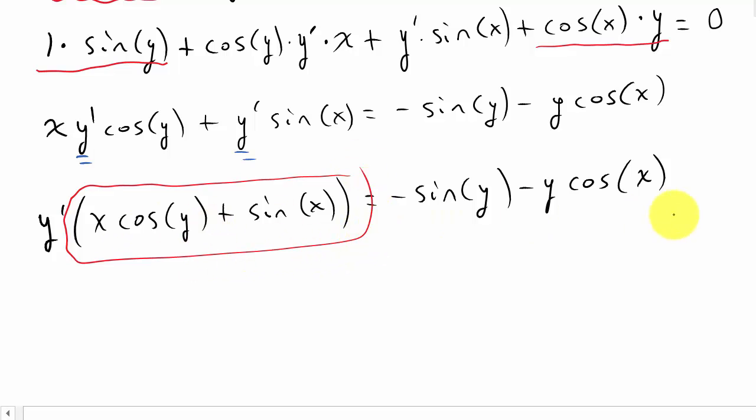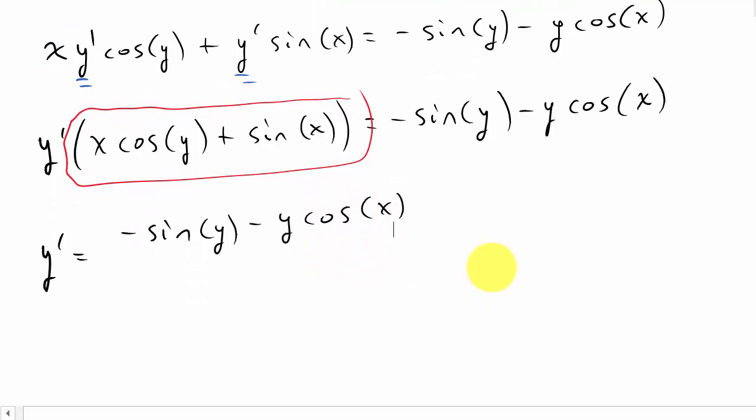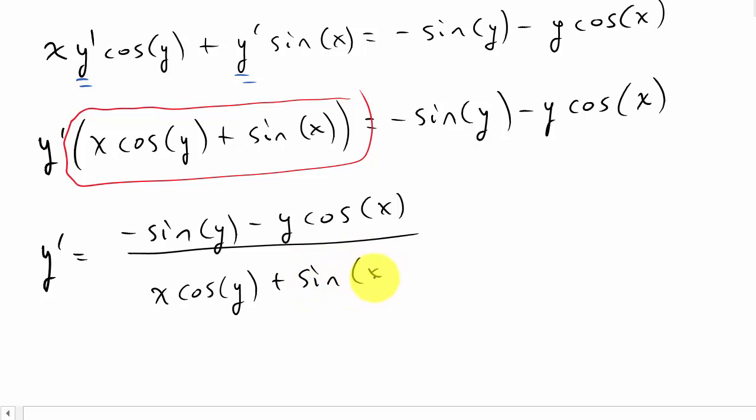If I divide each side by that, I'm left with y prime is negative sine y minus y cosine x, over x cosine y plus sine x.